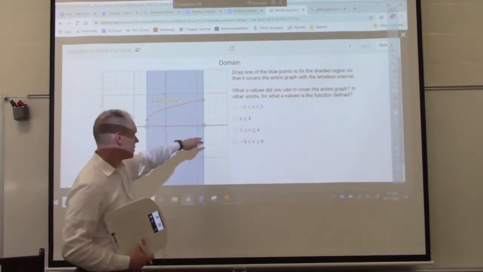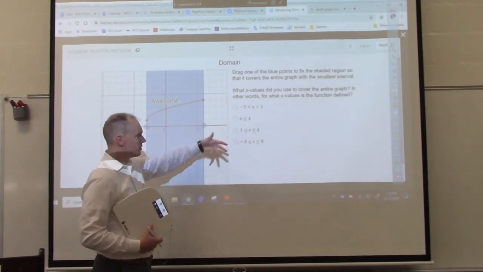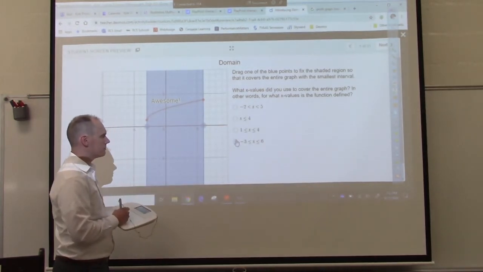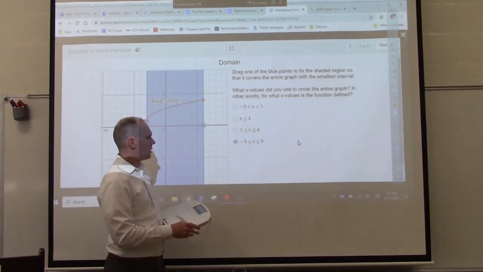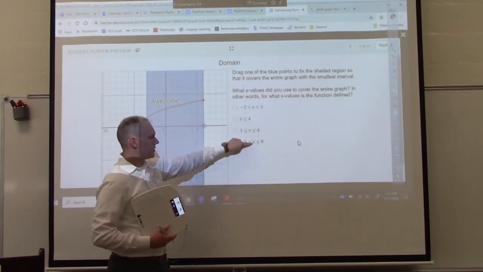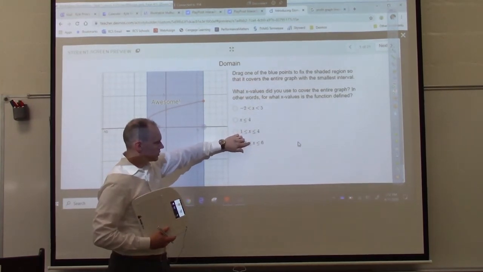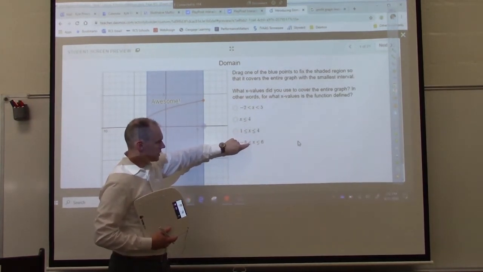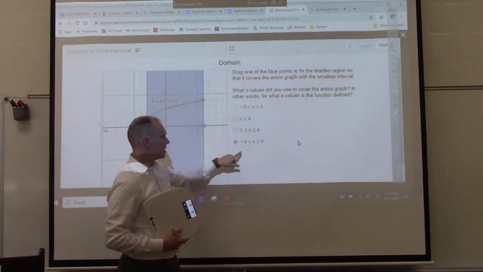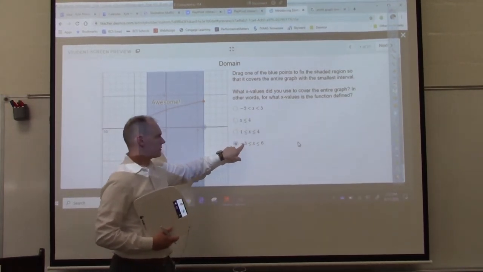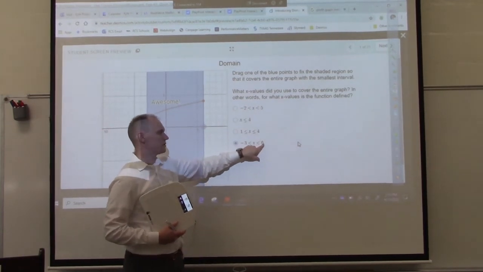So from -3 to 6, and we want to know what represents that. Only one of them has -3 and 6, but what we're saying here is x is greater than or equal to -3, but less than or equal to 6.